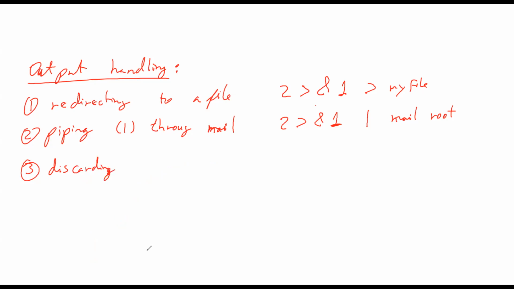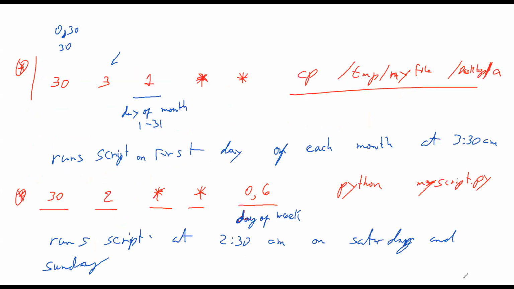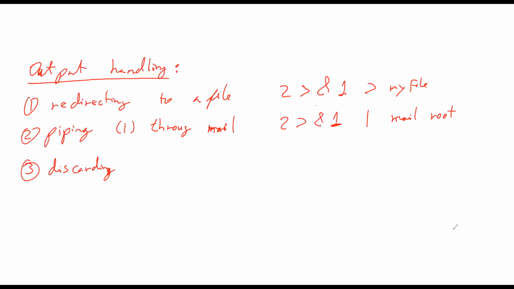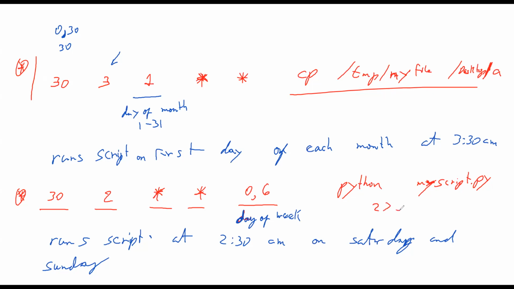As you can see, going back to the cron entries, now you have even more power. If I take this example that you're looking at, the dates and all that information, and then the Python of my script, now I can say, just like I had before, 2 ampersand 1, and I want to redirect to my file. You see that?